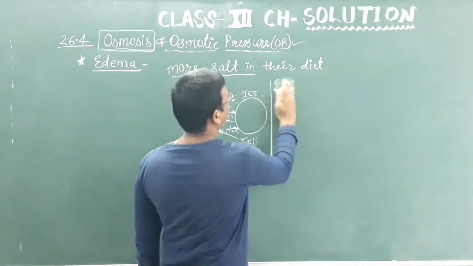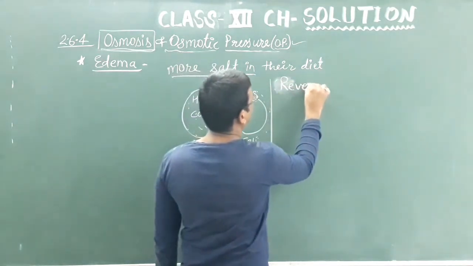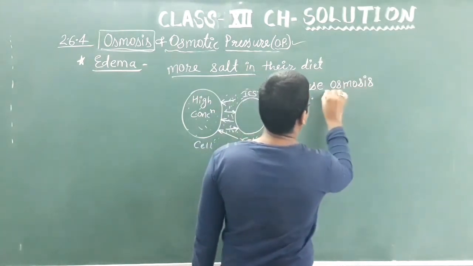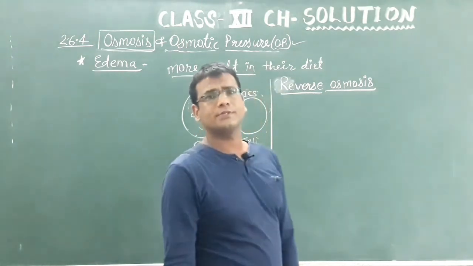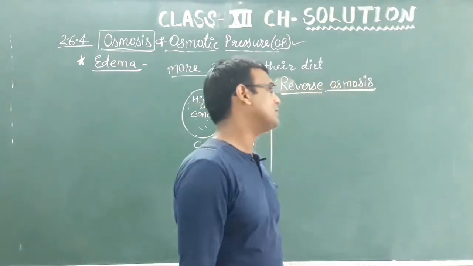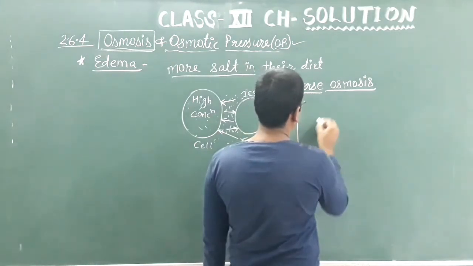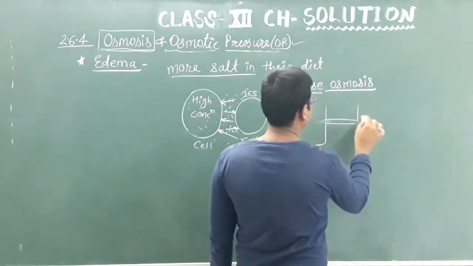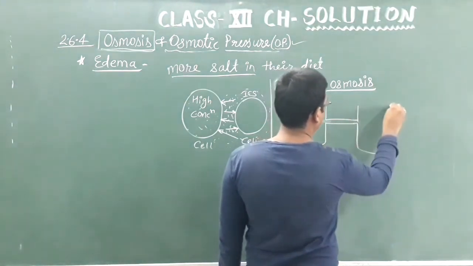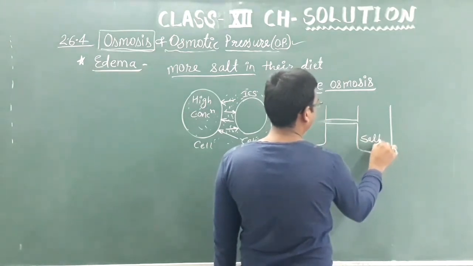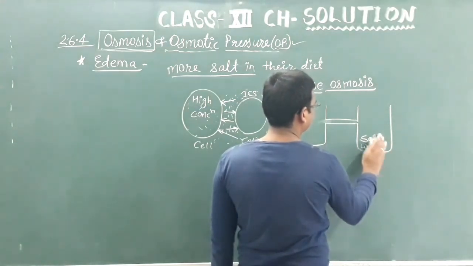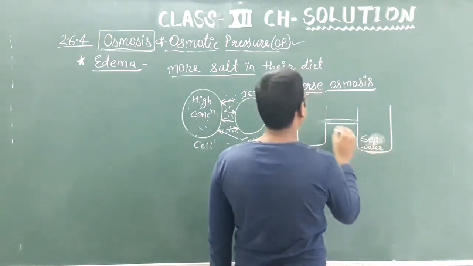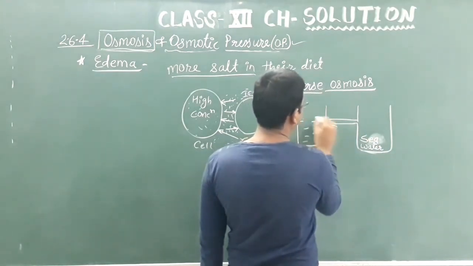One more point is there, that is reverse osmosis. What is reverse osmosis? Just you try to recall the first diagram. Two containers which were connected. Let it be here salt water, sea water. And here it is normal water.